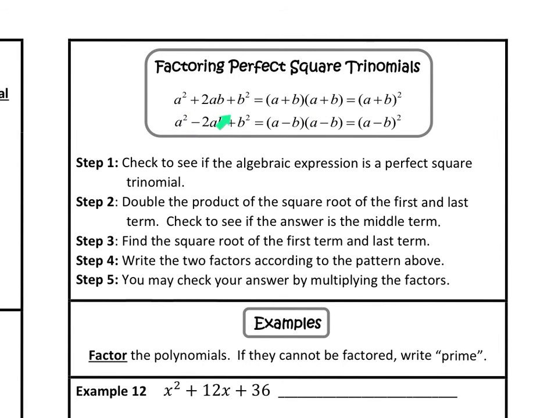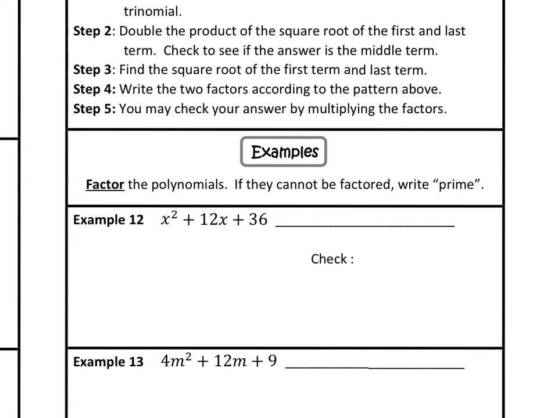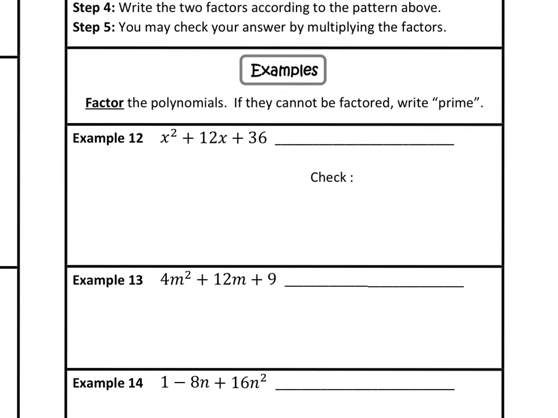If I have a minus and a plus, it's both minus. Okay, so I know this might seem confusing, but once we get the examples rolling, it should all make sense. Oh, and this is what I was talking about in the previous examples. If you cannot factor something, then you write the word prime.